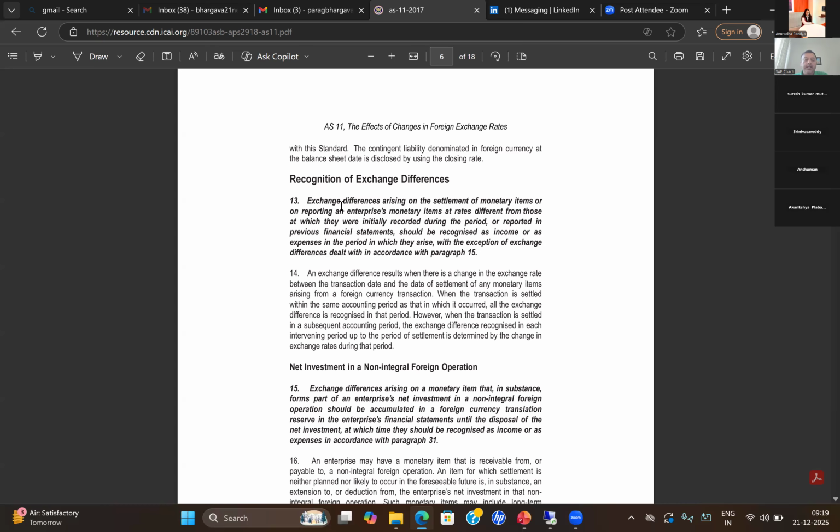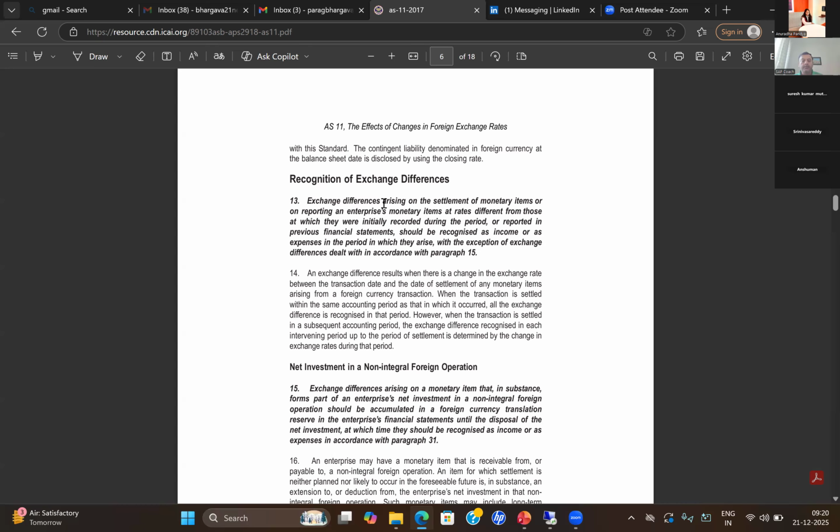Let's read it. Exchange differences. Exchange difference means when I have done my export billing, at that time the exchange rate was 88 rupees per dollar. I have done my billing one month ago, and now the due date has arrived when my customer has to pay. Suppose the billing was done for $10,000 multiplied by 88, so 8,80,000 rupees billing was done.